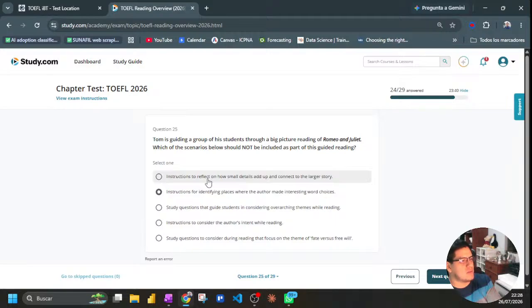Which of the scenarios below shouldn't be included as part? Tony is guiding a group of his students through a big picture reading. This big picture is more detailed, no, it's not, but identifying places where the author made interesting word choices.